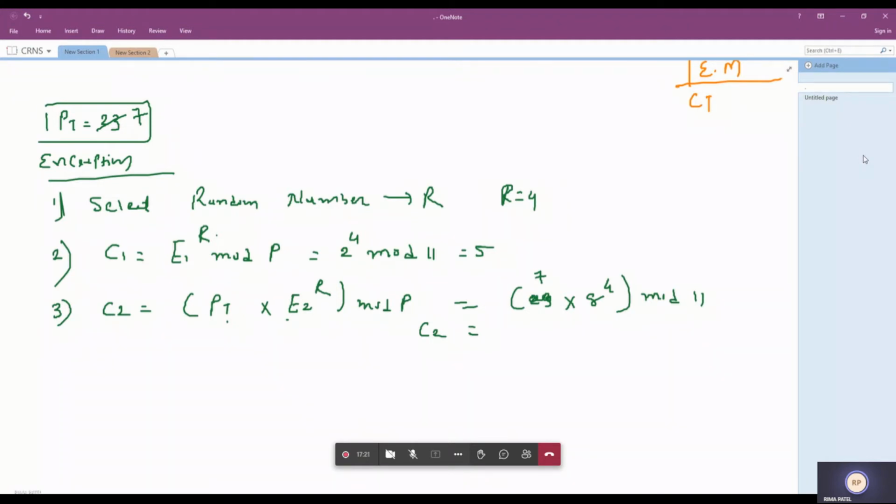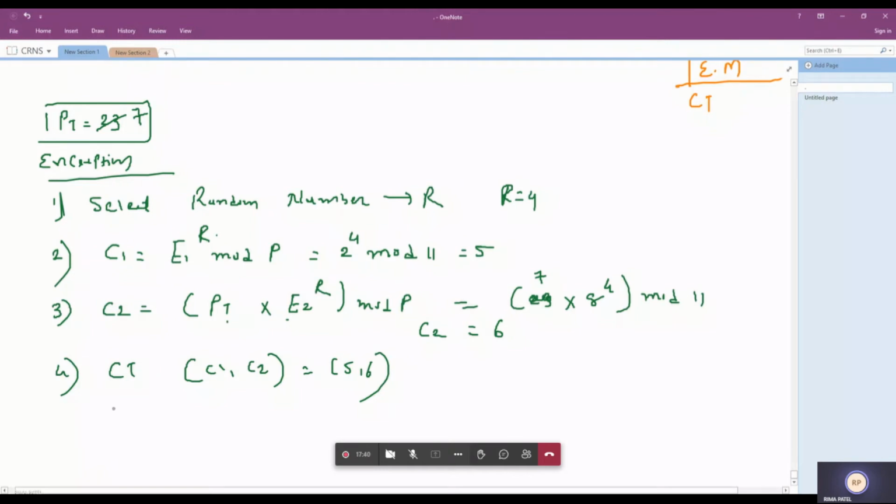C2 is 6. Okay, so C2 is 6, right? Now I do have the ciphertext C1, C2, that is equal to 5 comma 6, right?